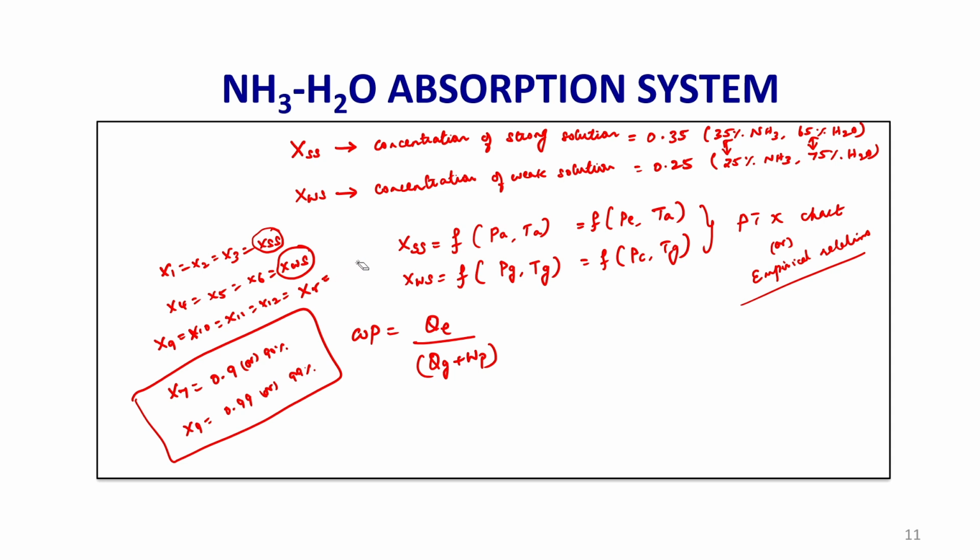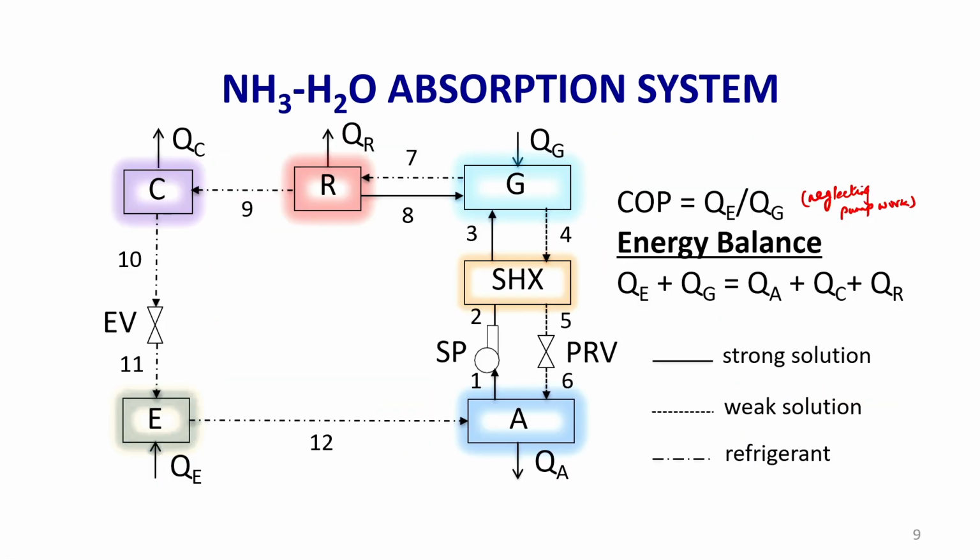In the example which I have taken, here it will be 0.35, here it will be 0.25 and here it will be 0.99. Now, this liquid refrigerant will be throttled before it produces cooling in the evaporator.